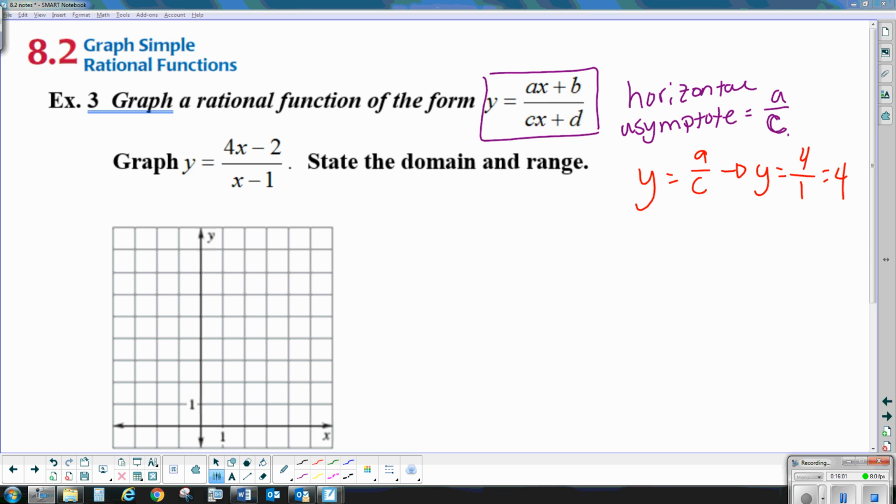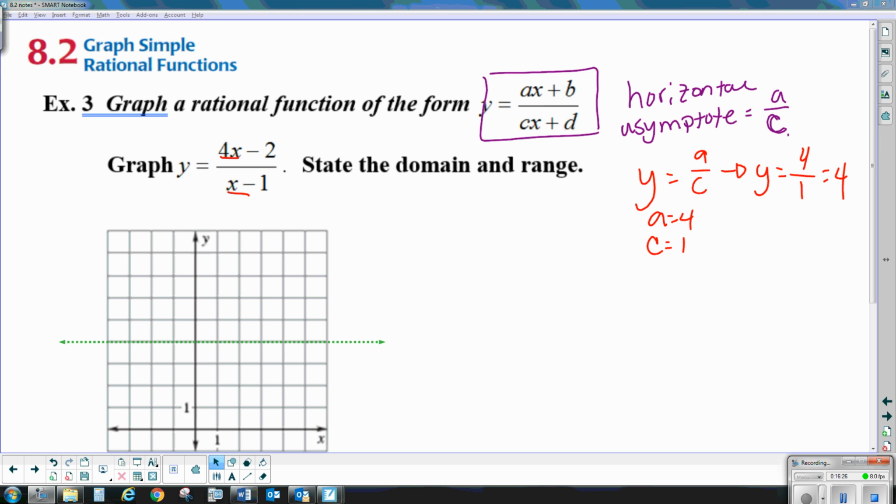So in this example, our a value is equal to 4, and our c value is equal to 1. So our horizontal asymptote is 4 over 1, which is 4. So go ahead and draw in that horizontal asymptote.